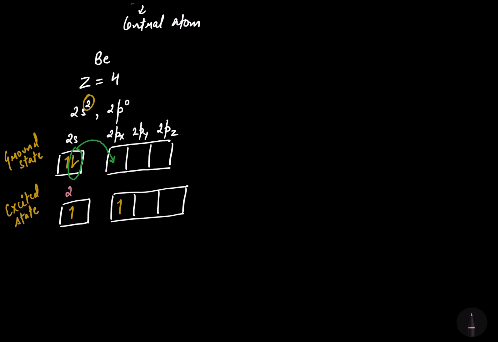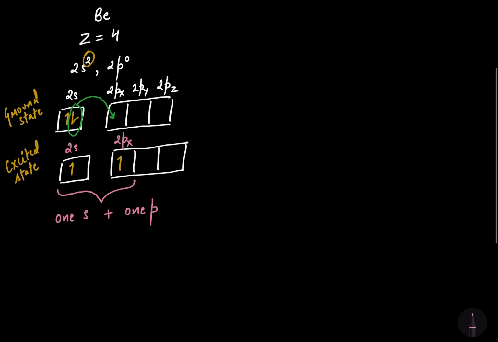Here 2s and 2px have one electron each, so the 2s and 2px will intermix with each other. Here one s, that's 2s, and one p, that's 2px, will intermix with each other to form two new hybrid orbitals.